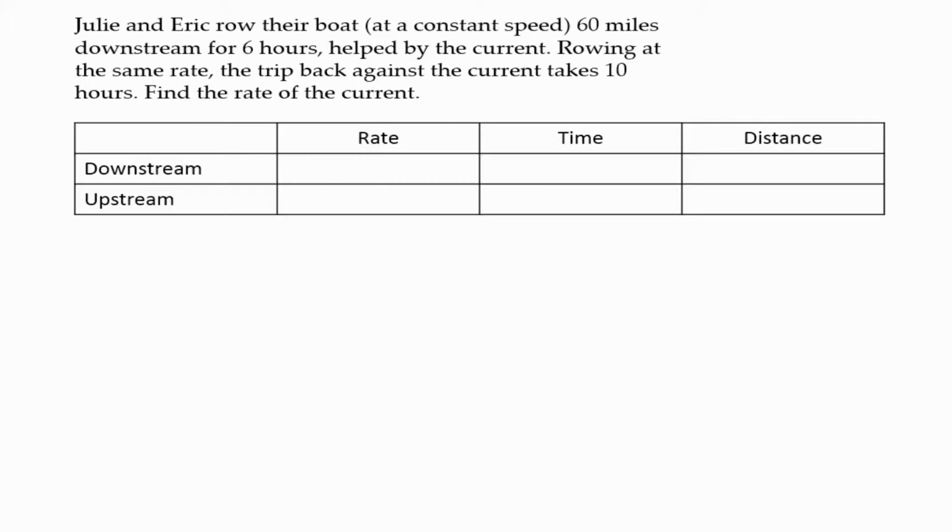The last problem is going to deal with motion. So we have Julie and Eric row their boat at a constant speed, 60 miles downstream for 6 hours. They are helped by the current. Rowing at the same rate, the trip back against the current takes 10 hours, same distance. We want to find the rate of the current, and we want to find their actual rate in still water.